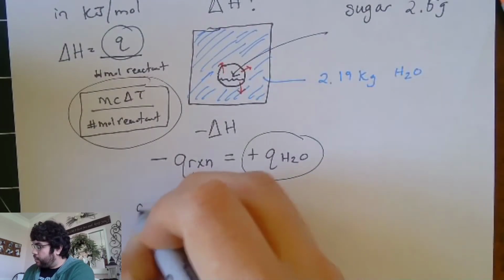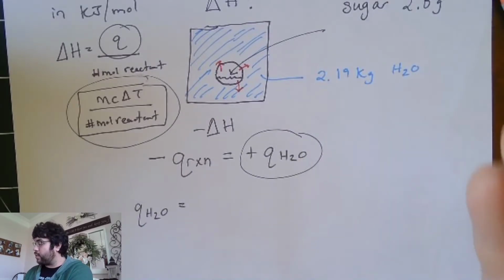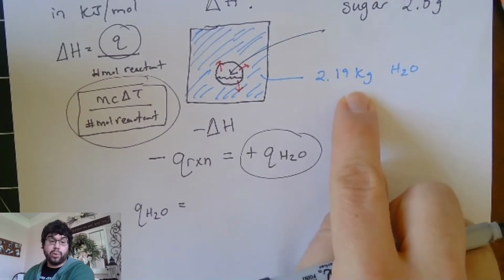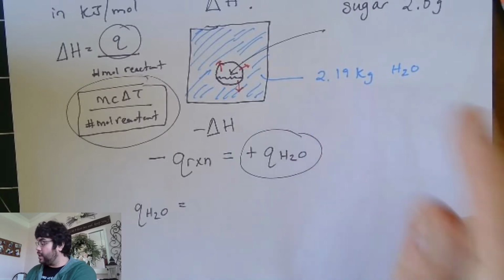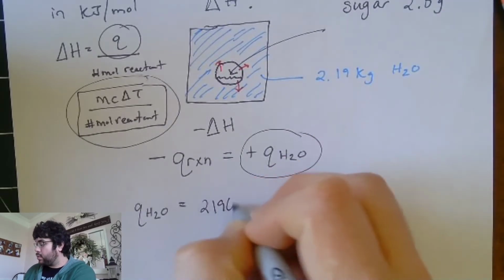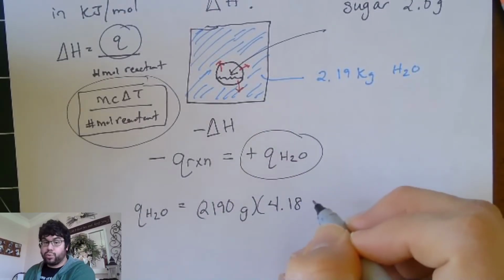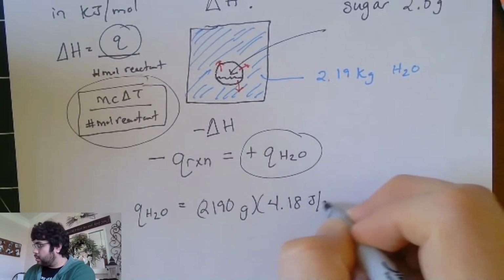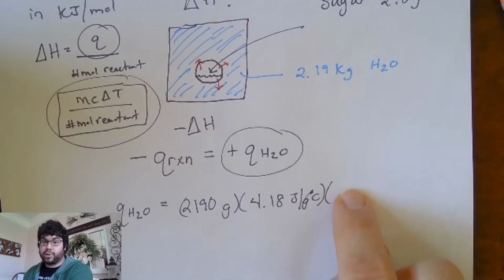So the Q for the water is going to be equal to the mass of the water, 2.19 kilograms. I have the specific heat in grams, so this is going to be 2,190 grams water times the specific heat of water, 4.18 joules per gram Celsius, and then multiplied by the change in the temperature of the water.